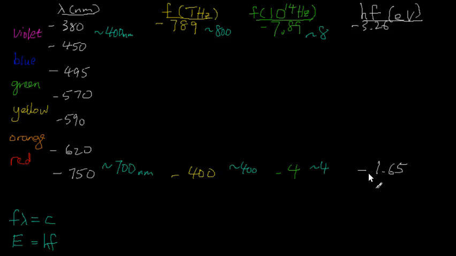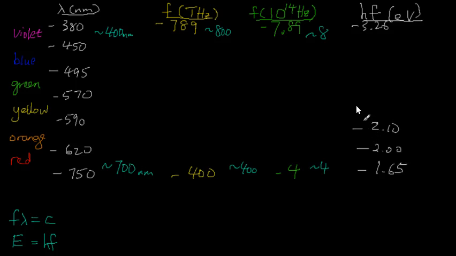Okay, and the next one up, the range of red photons is between 1.65 and 2.00 eV. Orange photons will be between 2 and 2.10 eV.